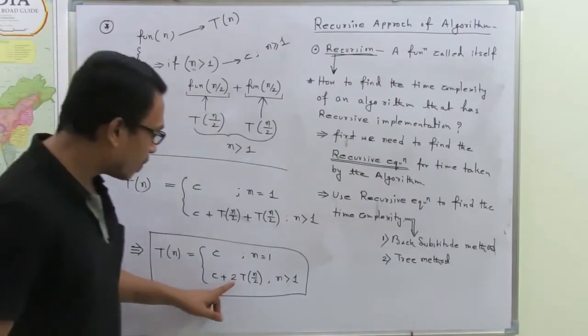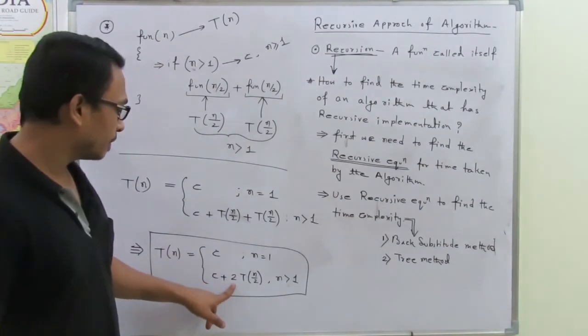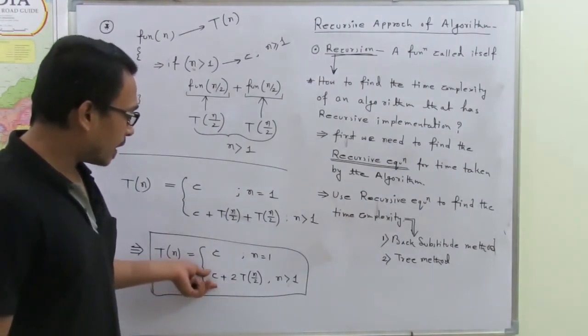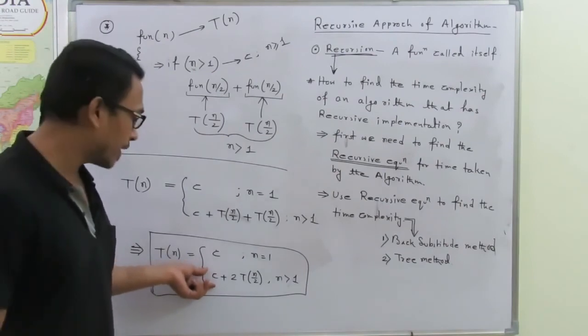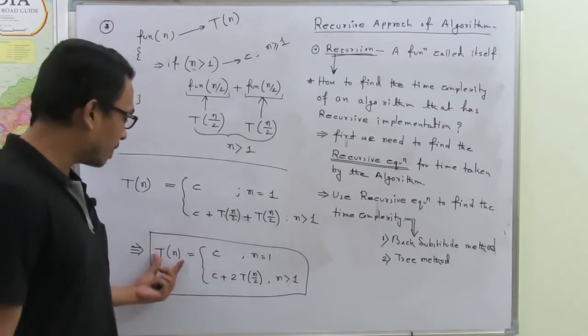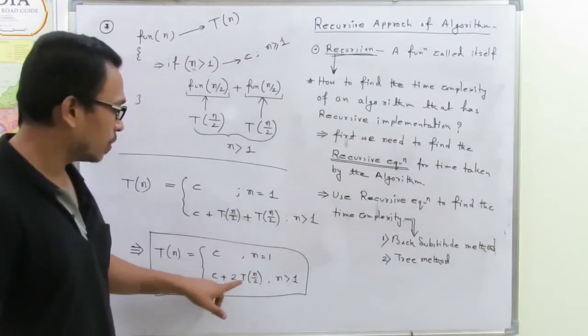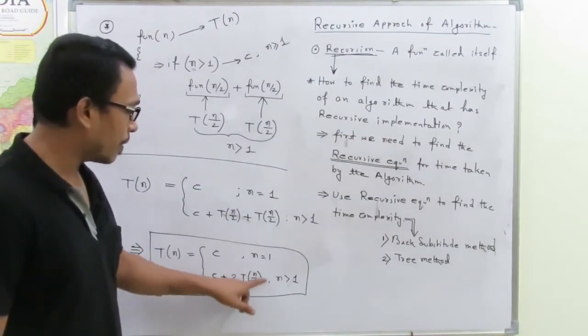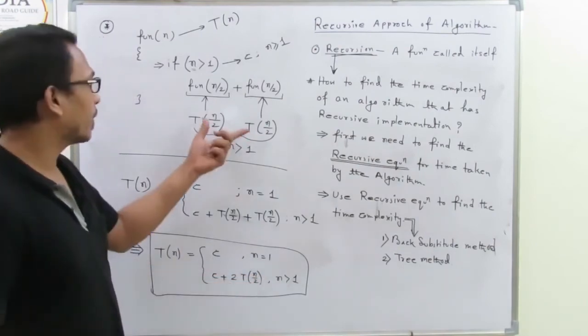Now look at here. What does this define? It defines that with some constant work, we can divide the given problem into two subproblems. These two terms define two subproblems where the number of inputs becomes half. Look at here.